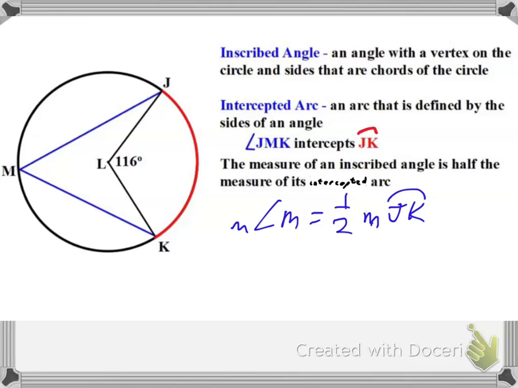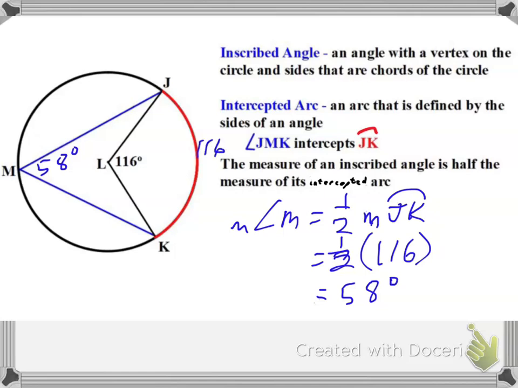Well, arc JK is 116, so we have 1/2 of 116, and so the measure of angle M is 58 degrees, half the measure of the intercepted arc. Because again, the arc is the same as the central angle. So this is 116, and the angle is half of that.